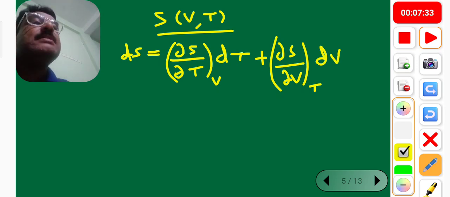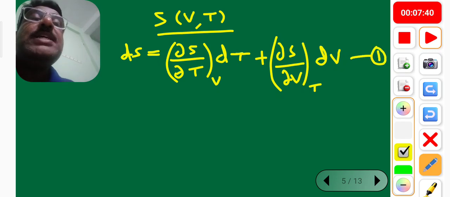Let me call this equation number 1: dS is equal to dou S by dou T at constant volume into dT plus dou S by dou V at constant temperature into dV.